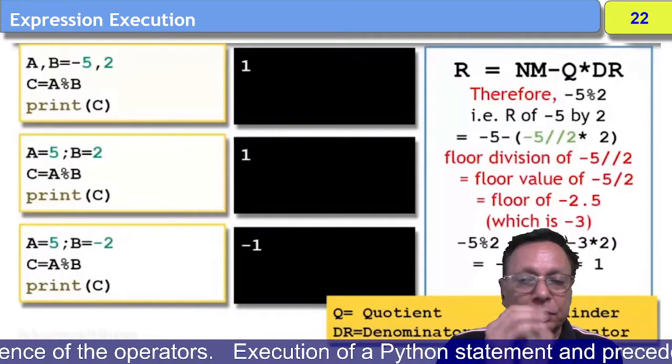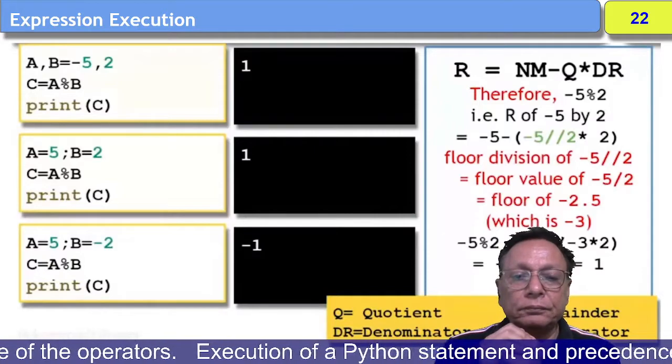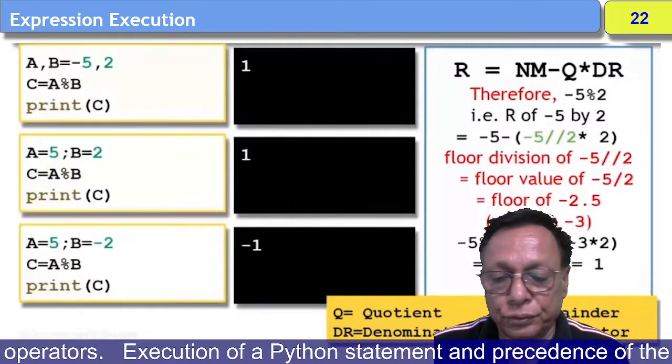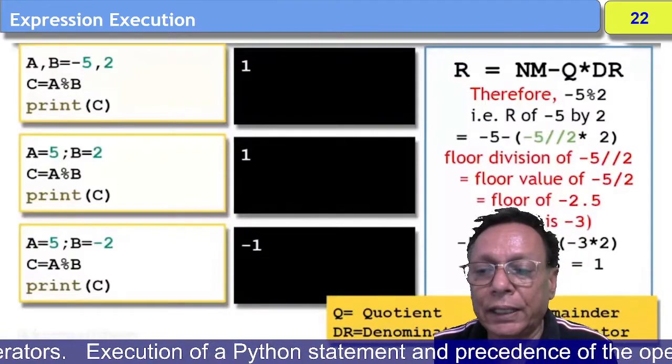So in this case it will give you -1. Okay, hope you got the point. And if not, then we'll move to Python once again.